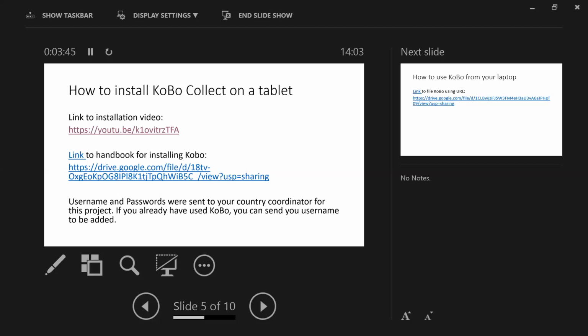Once again, if you have any challenges or difficulties installing Kobo Collect on a tablet, just let me know. Or next week Wednesday we have another session at the same time, and you can join and ask any questions you may have.